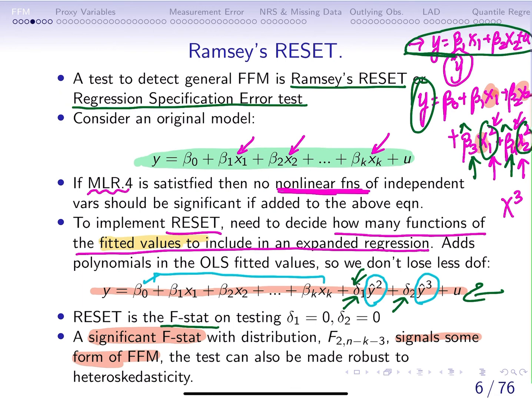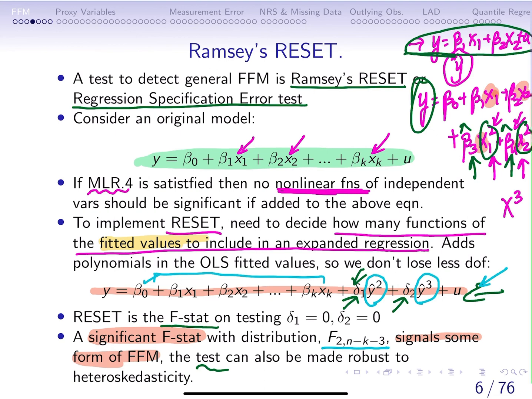Also, because it's an F test, you can always make it robust to heteroscedasticity, like we discussed in the previous chapter. Obviously, for this particular model, this F statistic is going to follow an F distribution with n minus k minus 3 degrees of freedom.